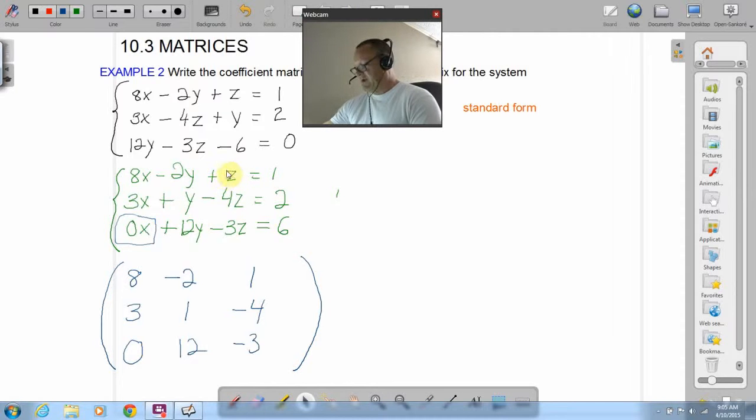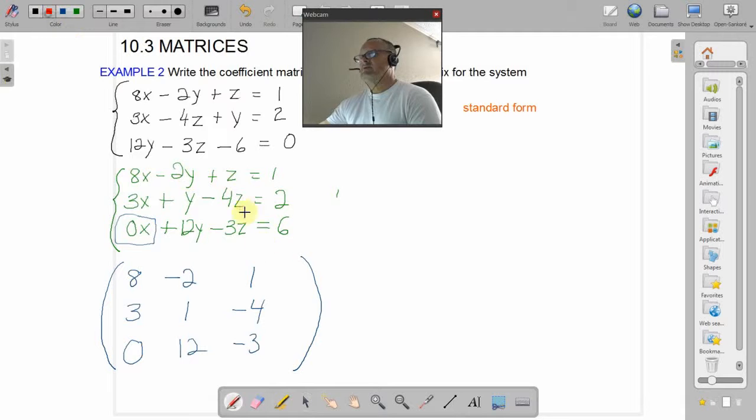The only thing you add is just a dotted line right here, and then just put the constants. So we put 1, 2, and 6, and that is actually your augmented matrix.